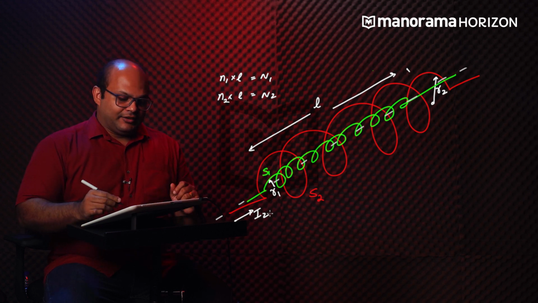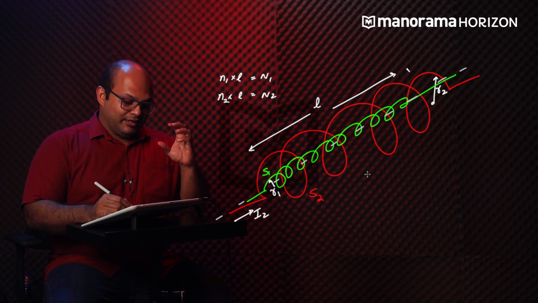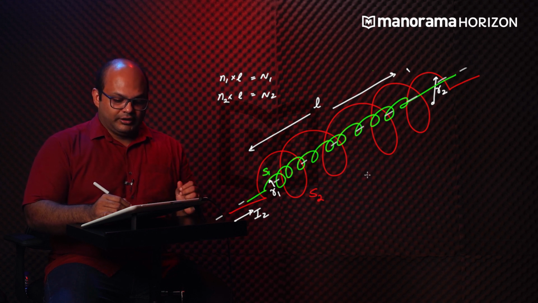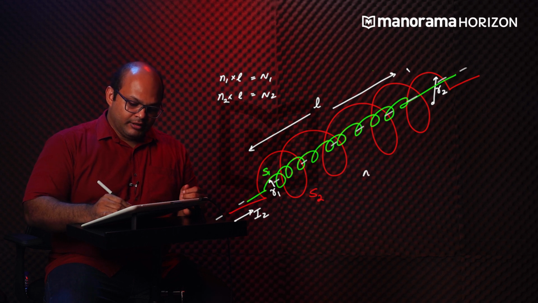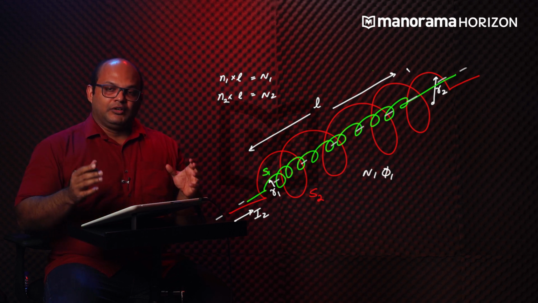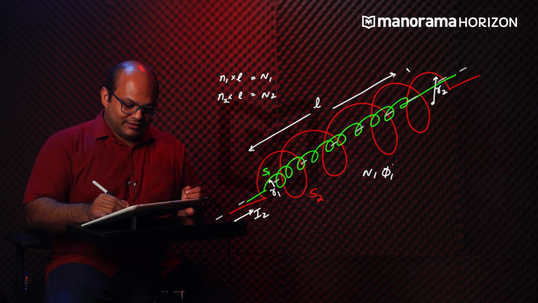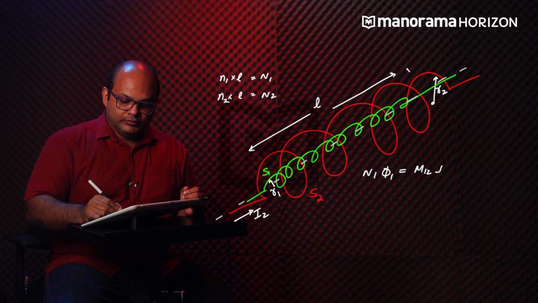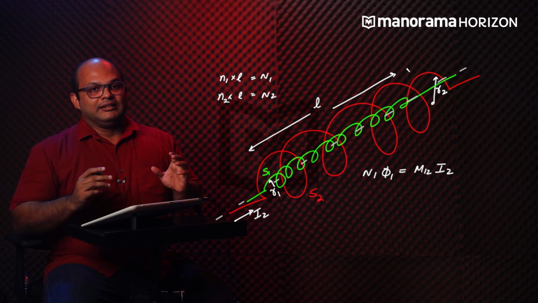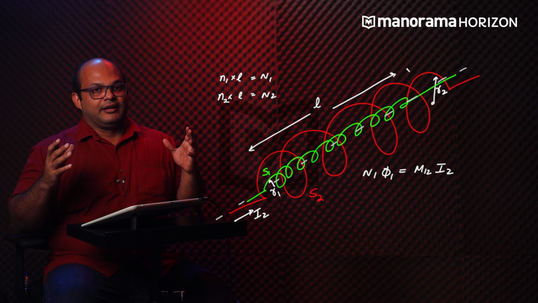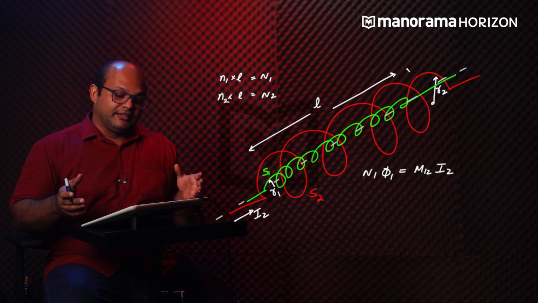Here we have a flux that is being linked with the inner coil. We can write this as N1 phi 1. That is the total flux linking with the inner coil. This is equal to M12 I2. So due to the current I2 in the outer larger coil, there is a magnetic field, and due to that field there is a flux.